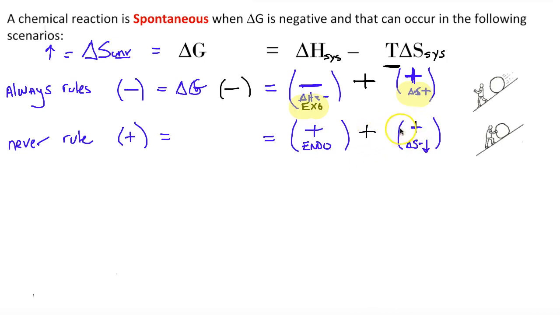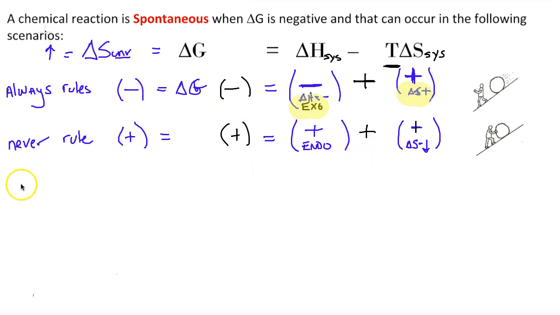So a plus and a plus, having a negative value here and minus that negative value really becomes a positive plus a positive, and you'll always have positive delta G, which means you'll never be spontaneous. So something that takes energy from the surroundings, and where the system is losing free energy in the sense that you're concentrating energy, both of them contribute to the delta S of the universe decreasing.